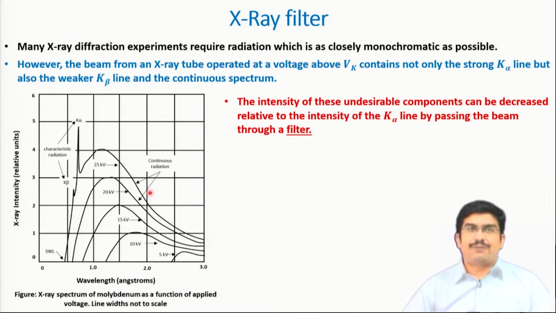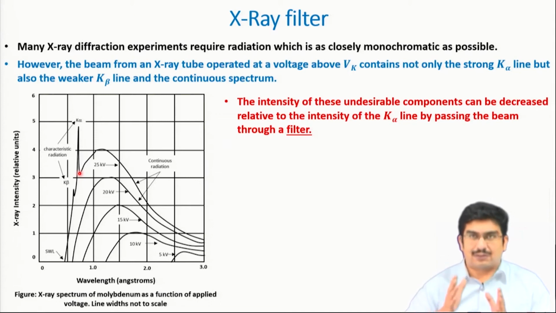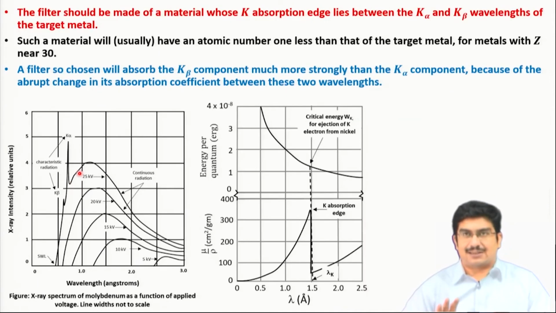Now, the only difficulty that we have is how to separate the K beta intensity from the K alpha characteristic emission, so that we can get a pure monochromatic beam. That is where the concept of X-ray filter comes in.